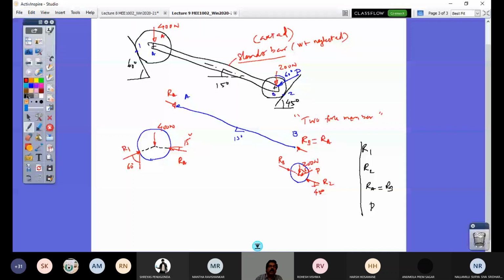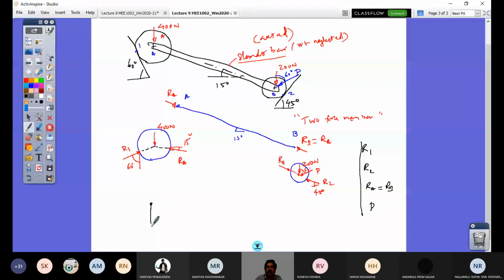So as we always practice in the last class, this is the free body diagram, but to apply Lami's theorem, I would redraw this diagram conveniently, sliding these forces along their lines of action, called the principle of transmissibility. On a single rigid body, if I have a force, I can slide it along its line of action. That's the principle of transmissibility. If I do so, I can make all these forces emerge out of a concurrent point.